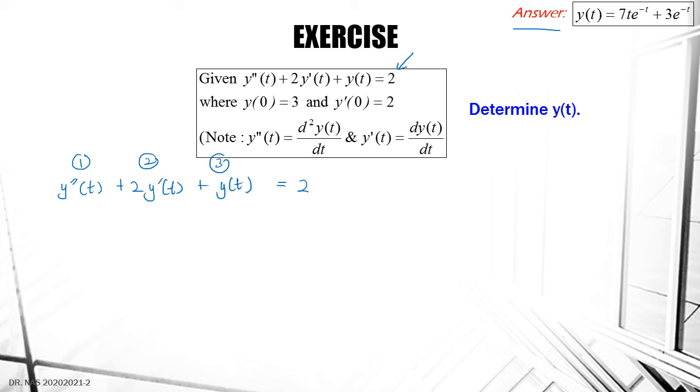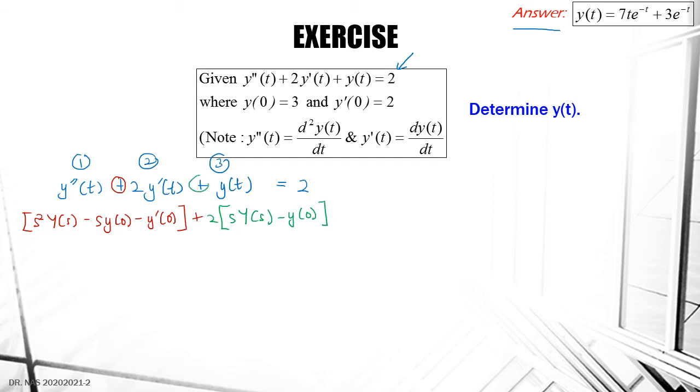For y double prime, meaning that you have s to the power of 2, so this is s squared Ys minus, don't forget, s y naught minus s to the power of 0 y prime naught. Okay, plus the second component is 2 y prime, single prime, so s to the power of 1, Ys minus s to the power of 0 y naught.